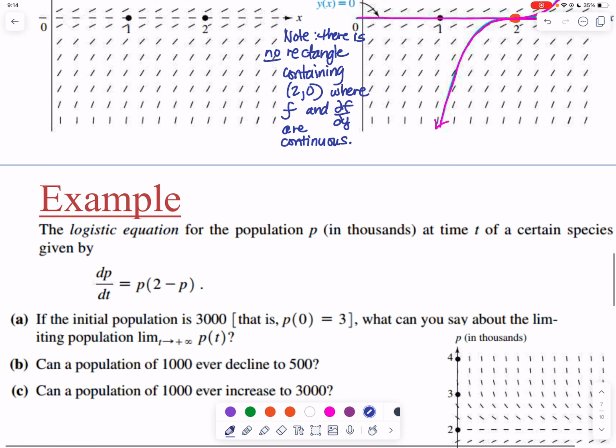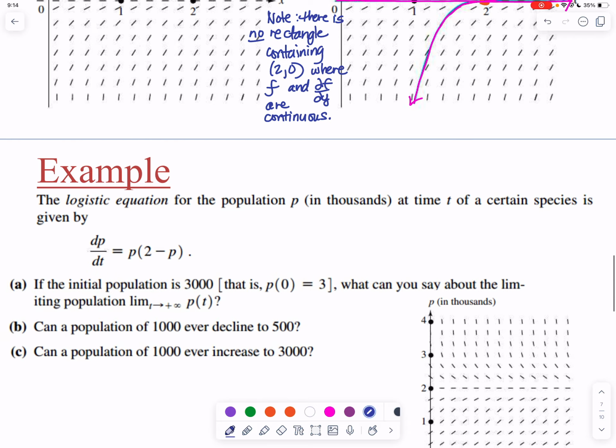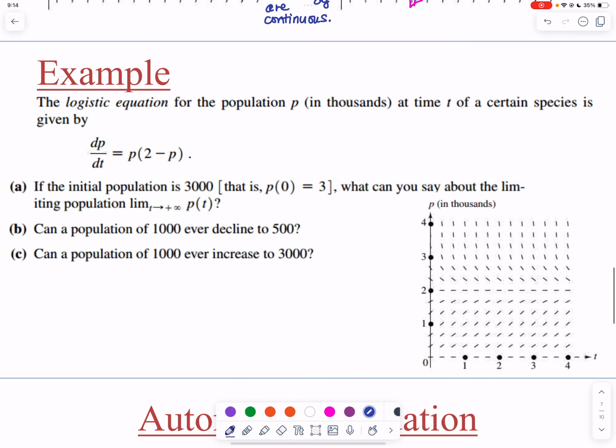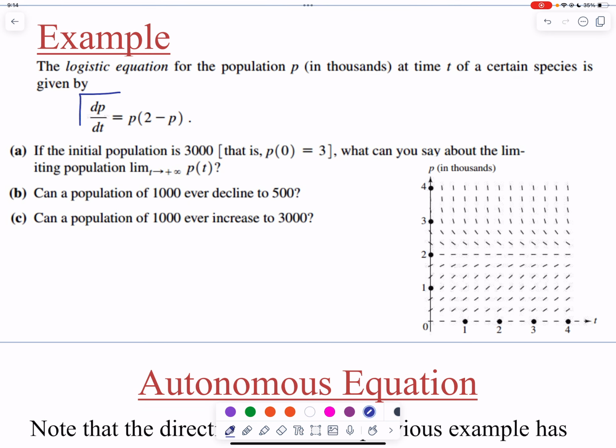Okay, let's look at our next example. This is the logistic equation for the population P in thousands at time t of a certain species, and that's this differential equation. Let's just make a few notes before we even answer the question.